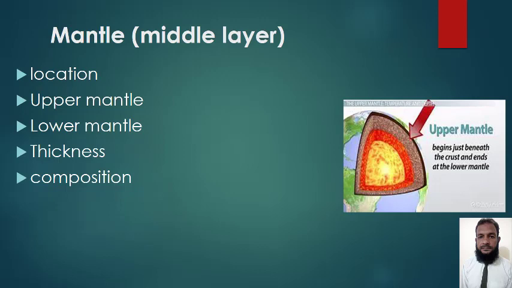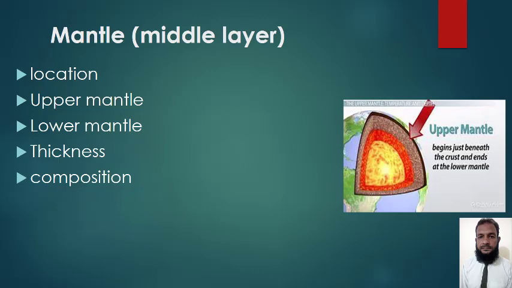It also consists of two layers: upper mantle and lower mantle. Upper mantle is 670 kilometers thick. What is the thickness of upper mantle? 670 kilometer.